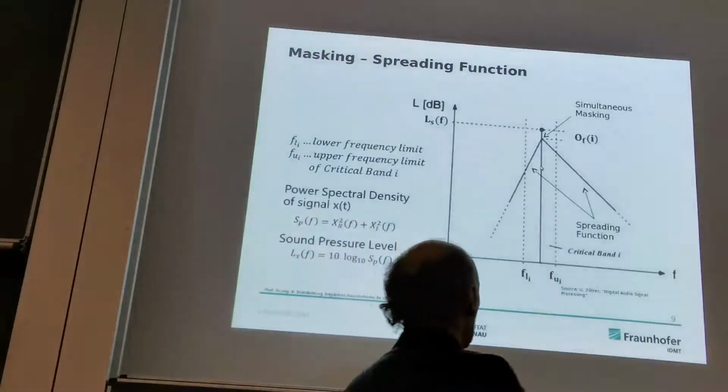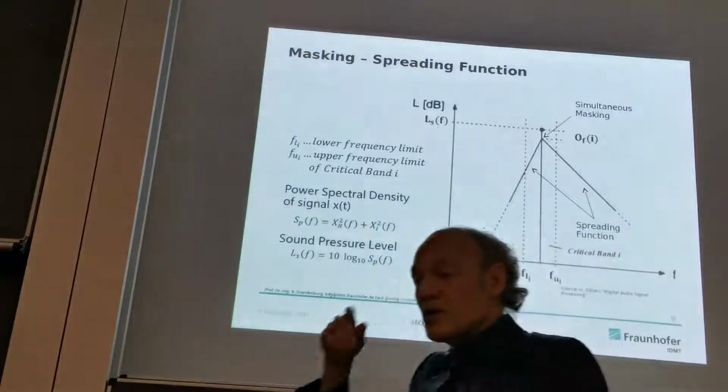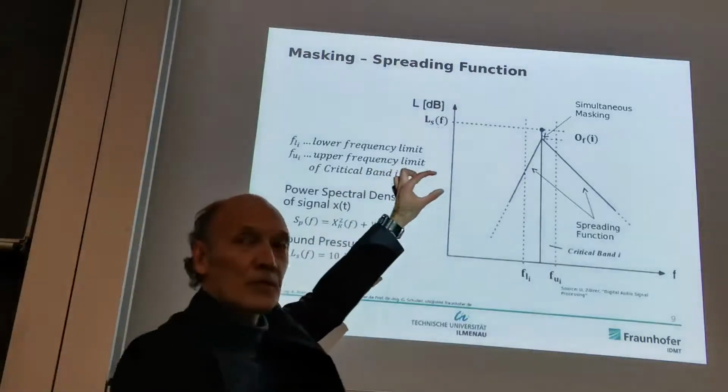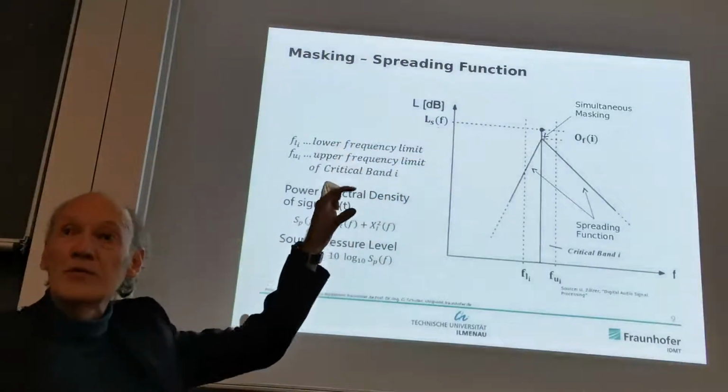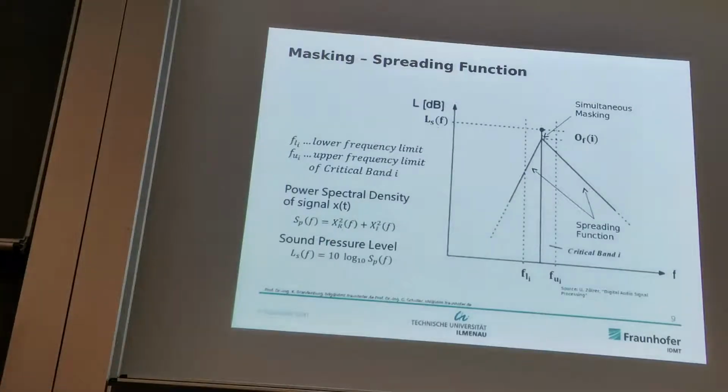What's also important is that it depends on the strength of the masker. So if the strength of our sinusoid goes down, then the mask goes down with it. So in dB there is always this distance here, a certain distance from the strength, the loudness of the sinusoid, to the top of this spreading function.